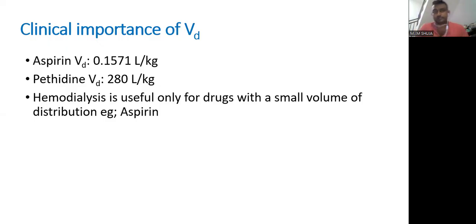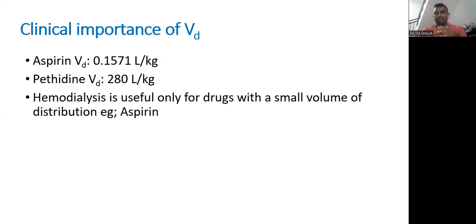That's it. So aspirin's volume of distribution is low. So it will stay inside the blood vessel or plasma. Pethidine's volume of distribution is too much. So it will be found in the other parts of the body, other tissues as well. So if you are going to do hemodialysis, which drug will get eliminated easily?